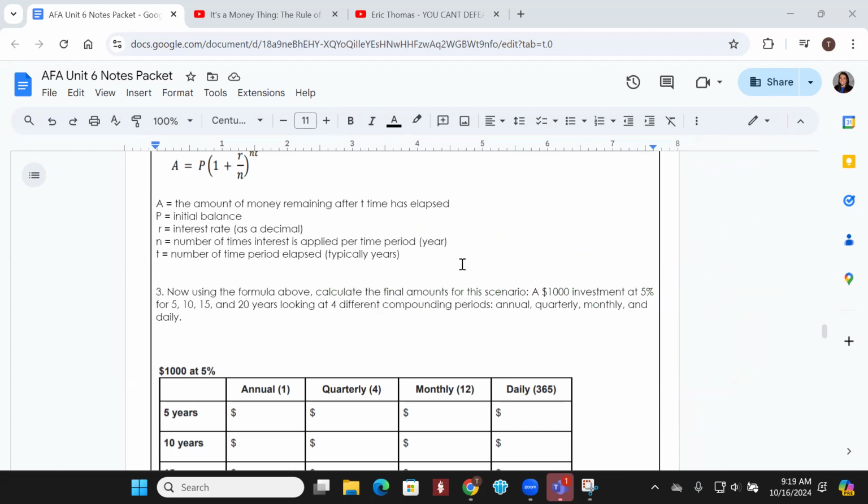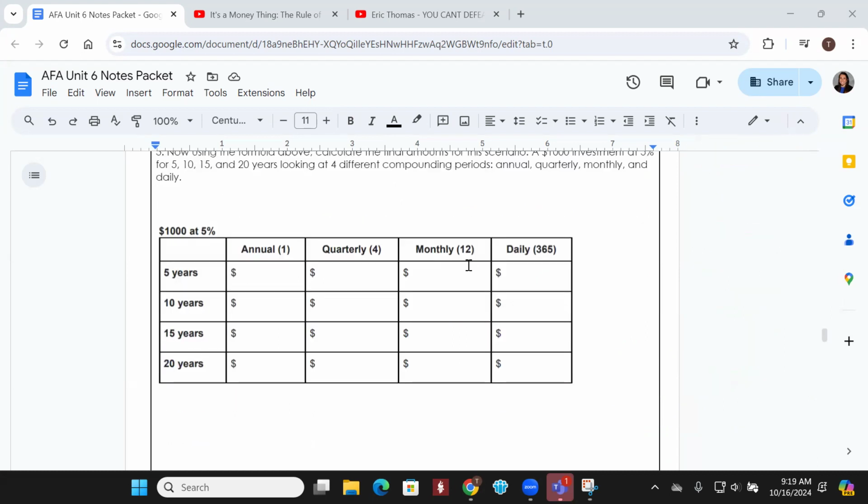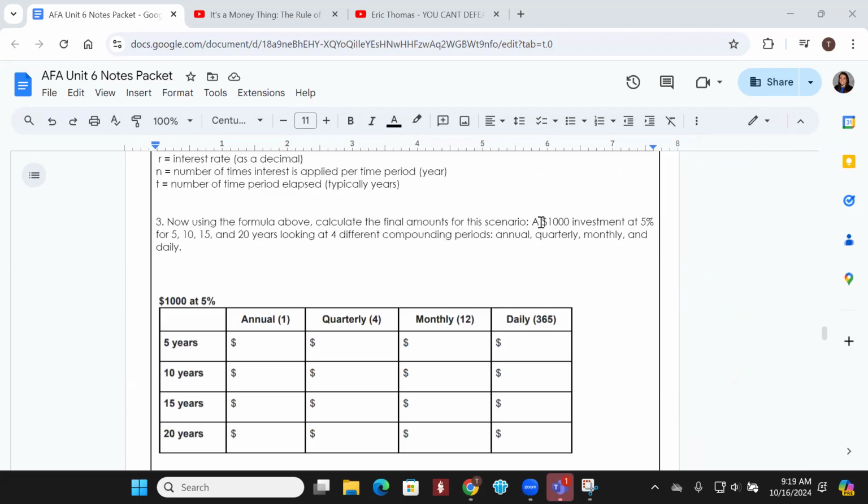Now using the formula above, calculate the final amounts for this scenario. You've got a $1,000 investment at 5% for 5 years, 10 years, 15 years, and 20 years, looking at 4 different compounding periods: annual, quarterly, monthly, and daily.